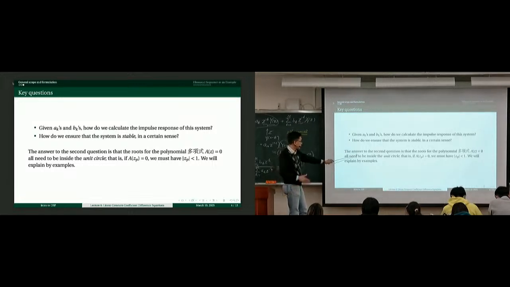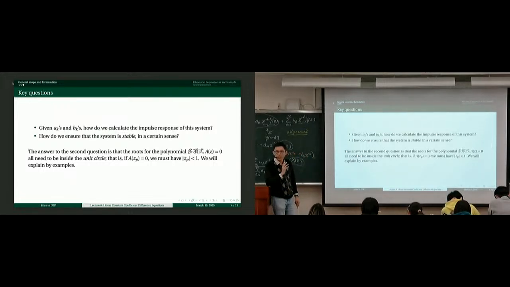And for the second question, a short answer for us to memorize. Let me invite you to simply memorize the result for now. I will explain. The answer to the second question is that it's all about the roots of these polynomials, of A of z. The roots of A of z turn out to be important. They all need to be inside the unit circle for the system to be stable in a certain sense.